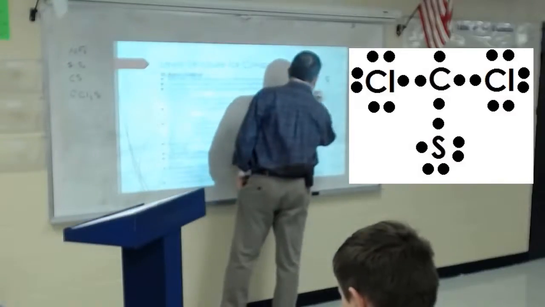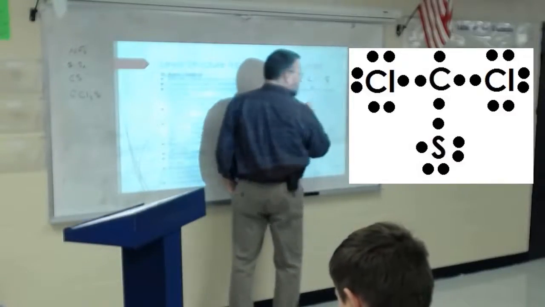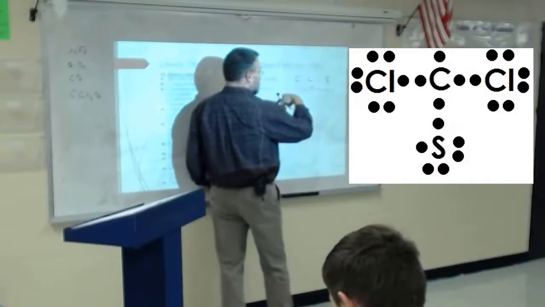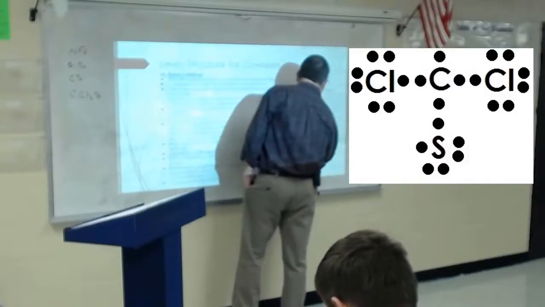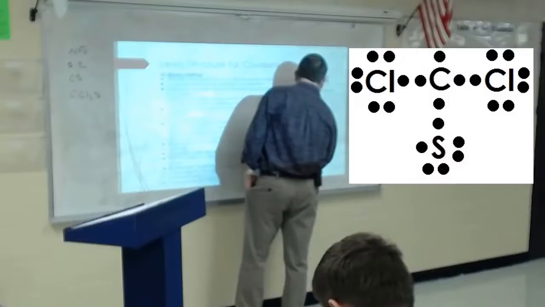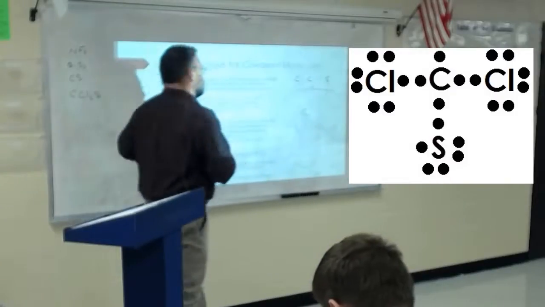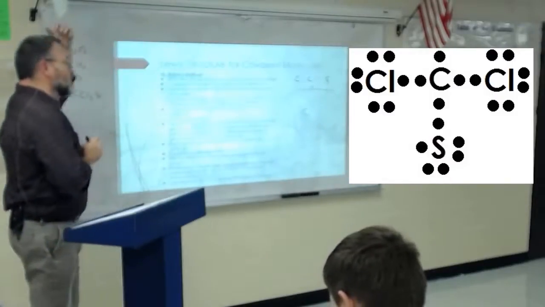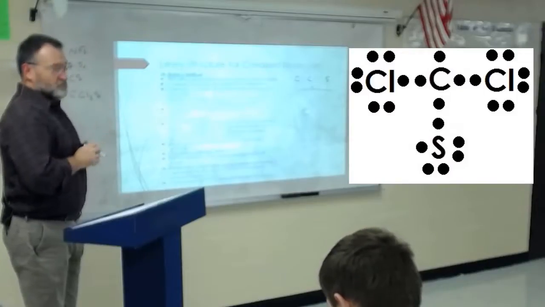I'm going to do a new diagram since we have to make sure we do 2 of these, right? CCl2S. So carbon is going to be my centerpiece. I now need to place 2 chlorines and a sulfur.